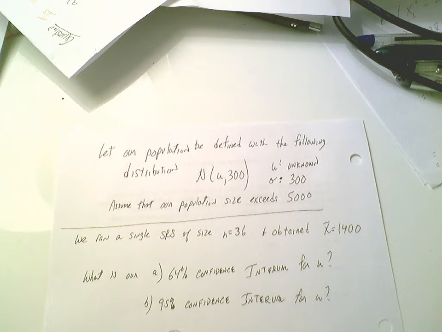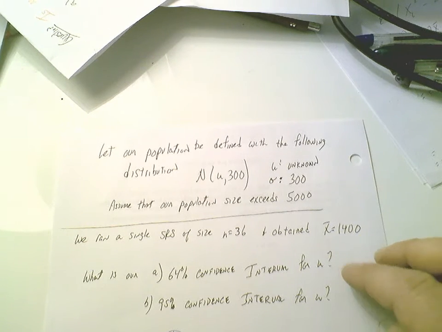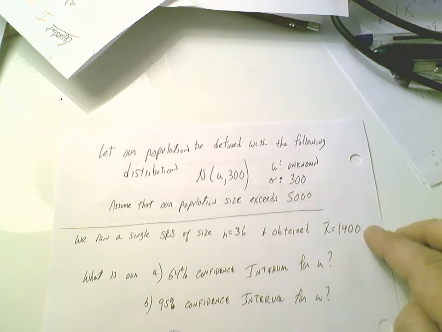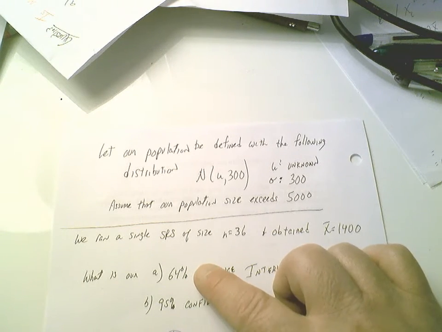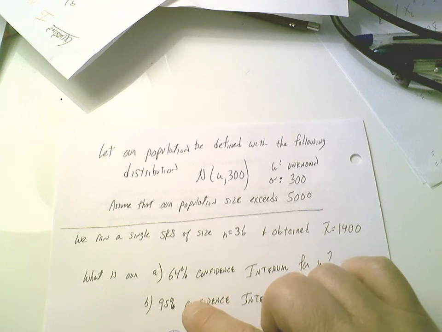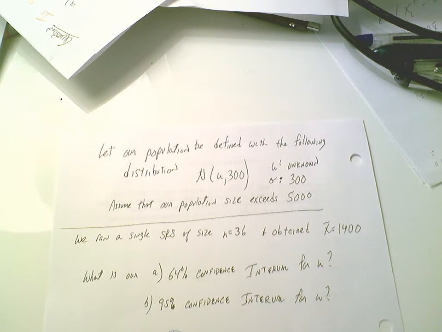Well, again, what are we going to ask ourselves? Is our value of 1,400 part of the 64% confidence interval? Is it part of that 95% confidence interval? And remember, empirical rule, 1 standard deviation above and below, 2 standard deviations either above or below. Well, how are we going to work this problem?